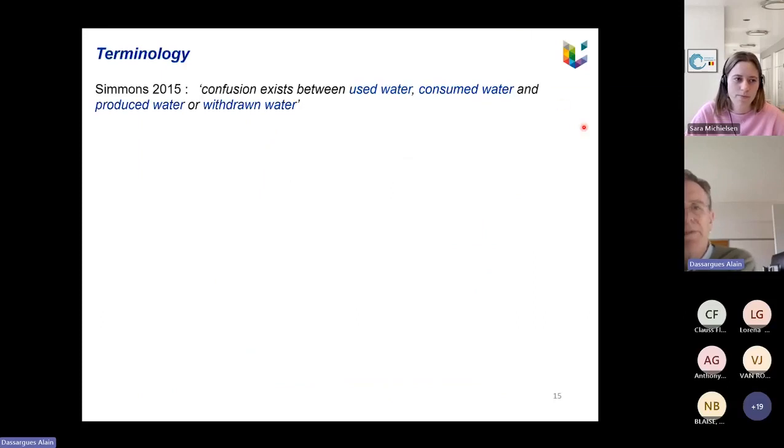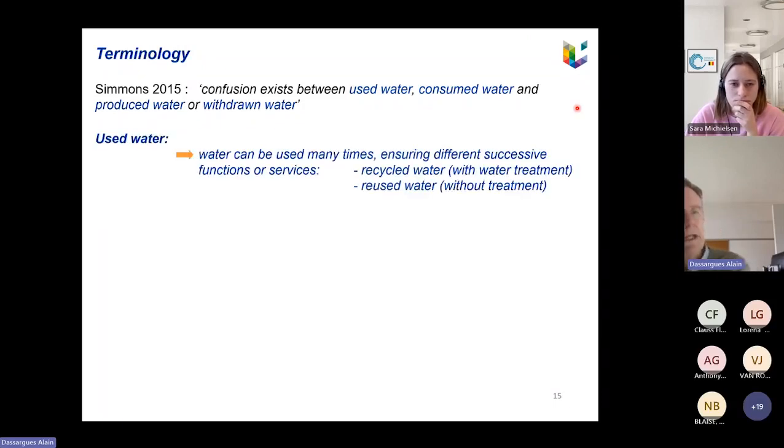Maybe I can follow with terminology, because there is a lot of confusion between the terms used water, consumed water, produced water, and withdrawn water. So maybe we can start with the water that can be used, in fact, many times, answering different functions.